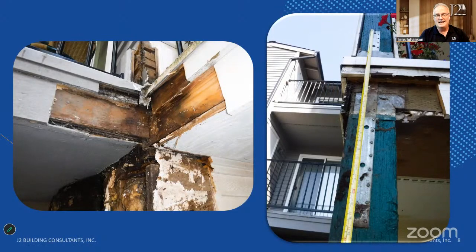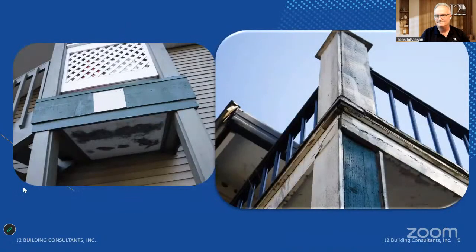So your deck is the person below you's ceiling, right? So here we go. Here's a deck. Why does the ceiling or soffit of my area look all black and nasty? Why is it dripping? So here's another deck instance of railings and flashings and drippage and damaged soffits.